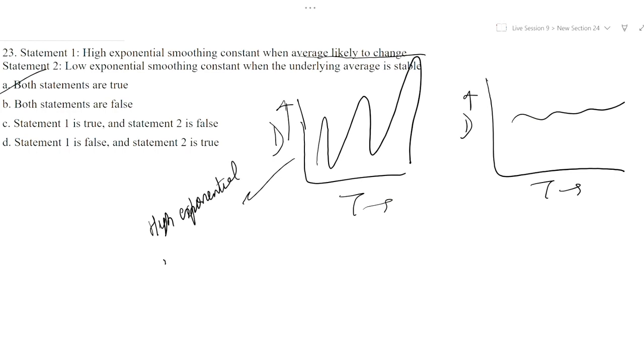This is the high exponential smoothing constant. This is the low exponential smoothing constant.